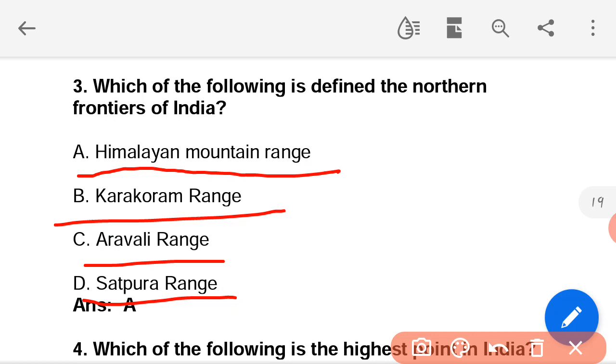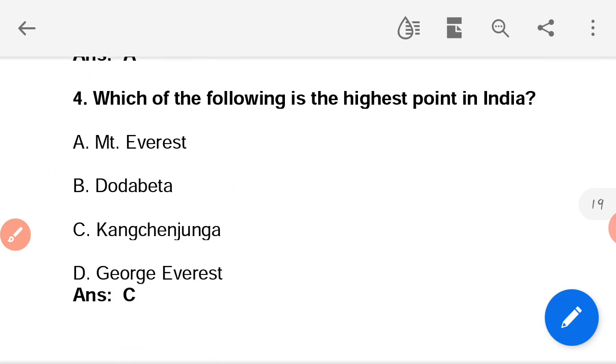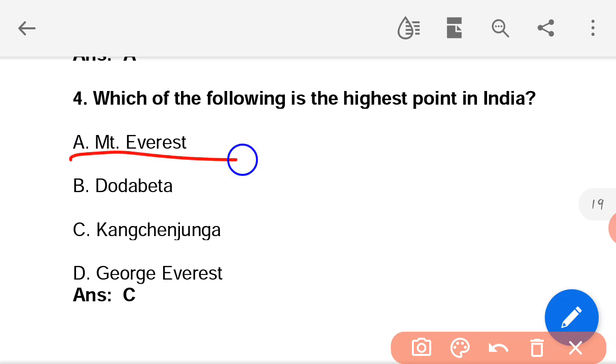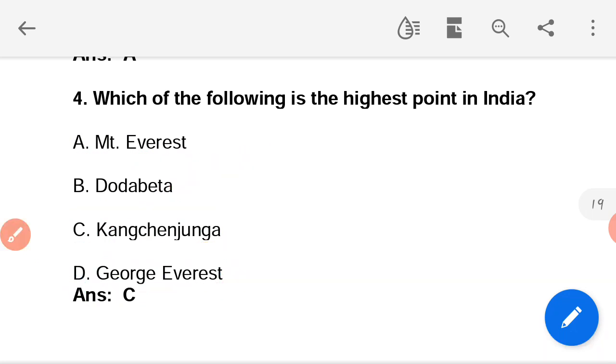Right answer is option A, Himalayan mountain range. Next question. Which of the following is the highest point in India? Option A, Mount Everest. Option B, Doda Beta. Option C, Kanchenjunga. Option D, George Everest. Right answer is option C, Kanchenjunga. Next question.